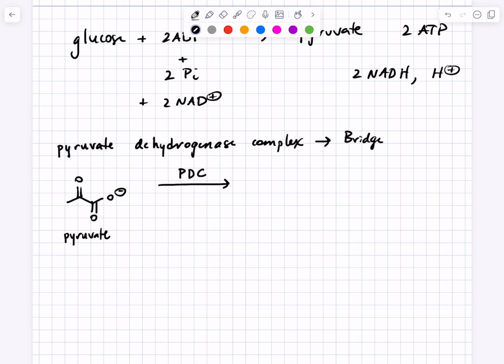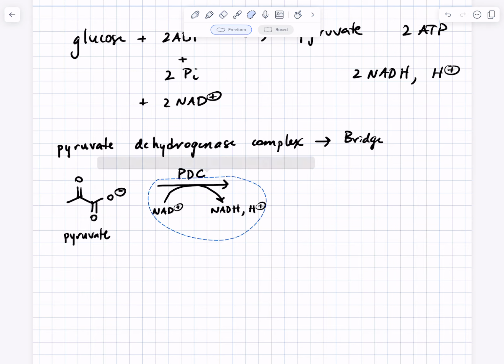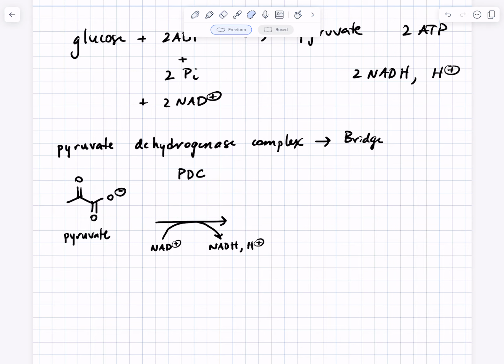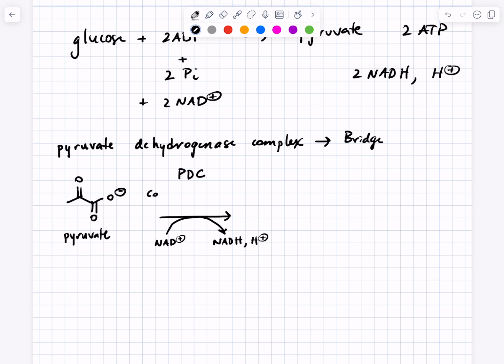And basically, you're going to use NAD+. You're going to get a molecule of NADH out, and we're going to lose a proton along the way. The enzyme is the pyruvate dehydrogenase complex. Along the way, you're also going to bring in coenzyme A, and you're also going to get out CO2.